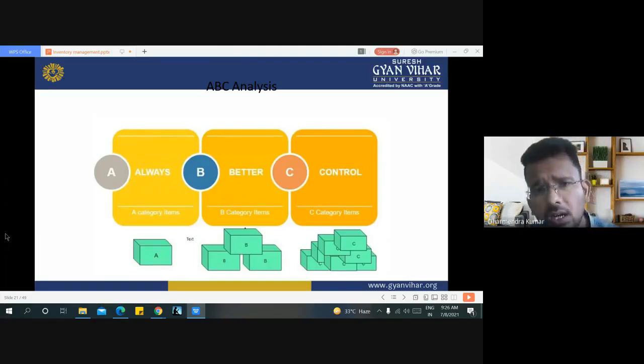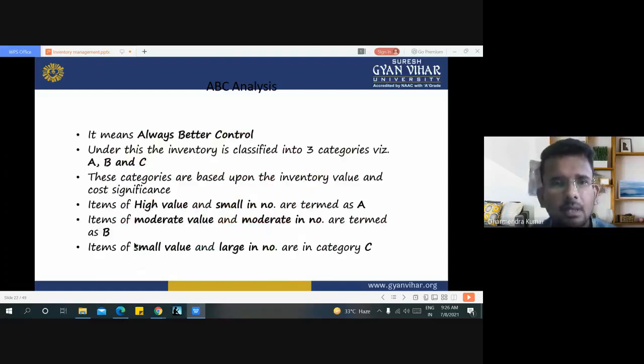In this ABC analysis, we put items into three categories: one in A category, one in B category, and another in C category. Here are some theoretical aspects of ABC analysis, always better control.